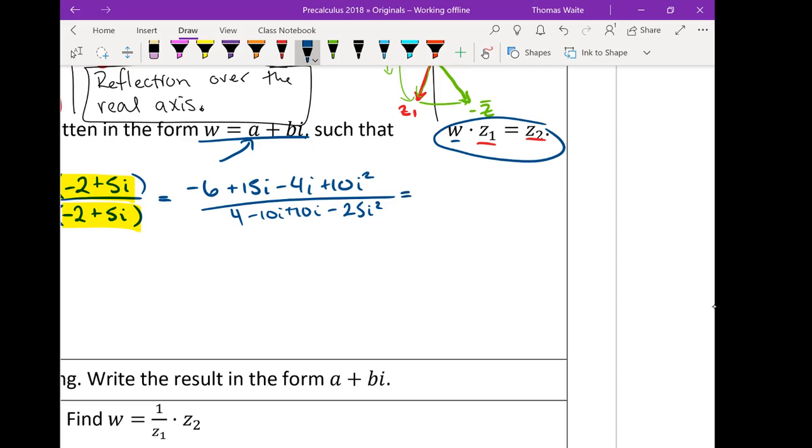We combine like terms: negative 6 plus 11i plus 10i squared all over 4, the positive and negative 10i actually add to 0, so just minus 25i squared.